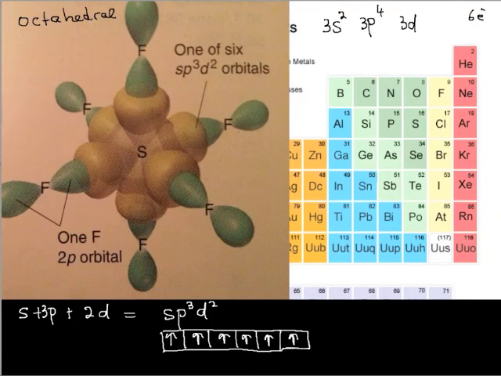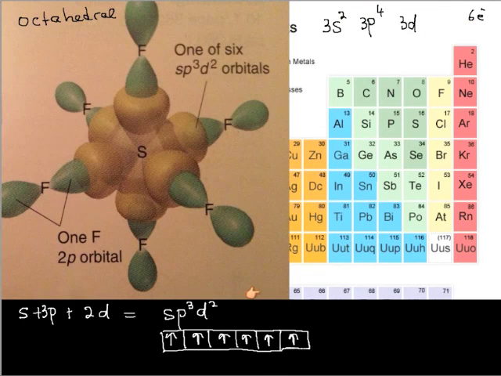Last one, sulfur. Another very exciting atom because it's in the 3rd energy level. Sulfur is 3s2, 3p4, and it has d orbitals available, and it has a total of 6 valence electrons.